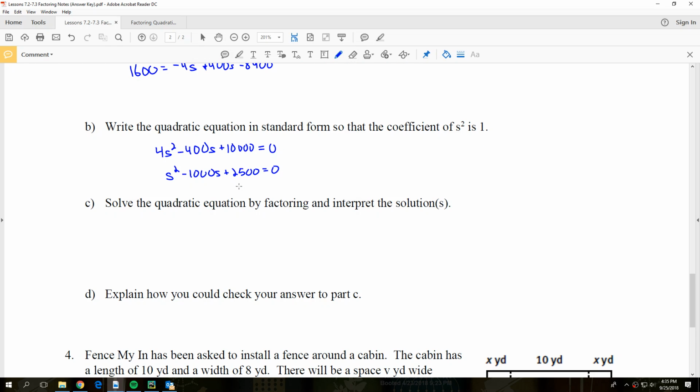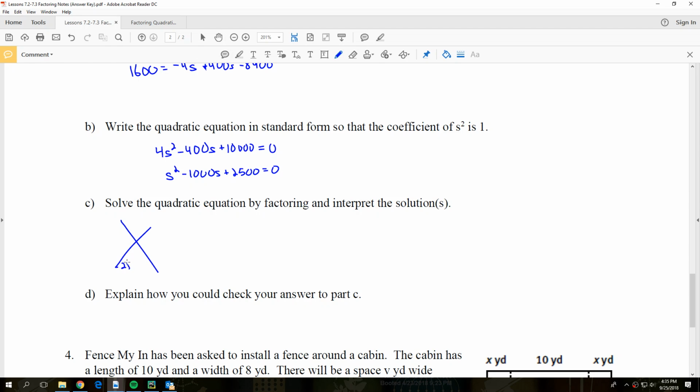So I want two numbers that are going to multiply to get to 2,500 and add to get to -1,000. So that should be -500 and -500. Okay. Yeah, that should work out. And let's just put in our x just so you guys know that that's what we're doing.